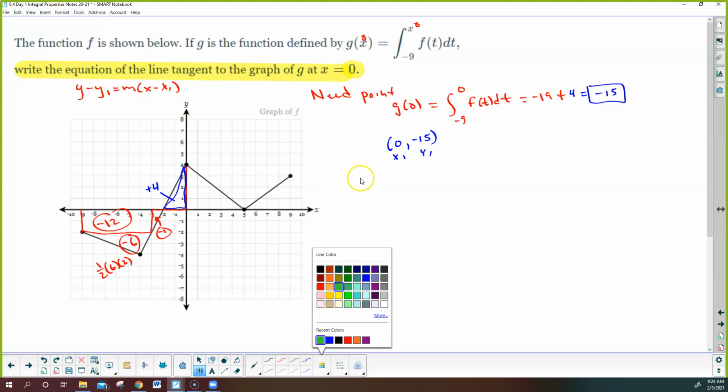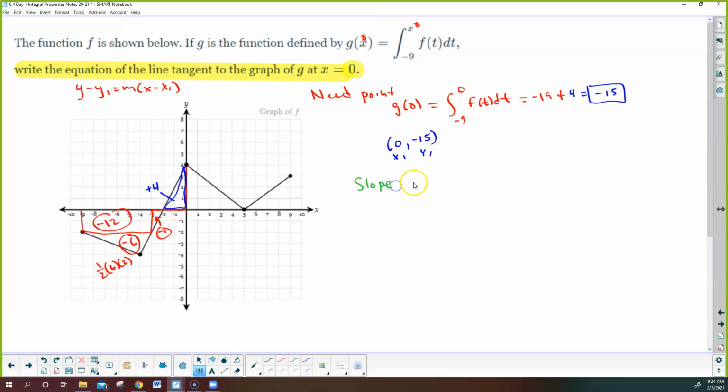And then I need the slope. I've got to figure out what g prime of x is. Well, that's the derivative of this, and g prime of x is equal to f of x. So I need to just figure out what f of 0 is. And that's just reading the graph. f of 0 is equal to 4.